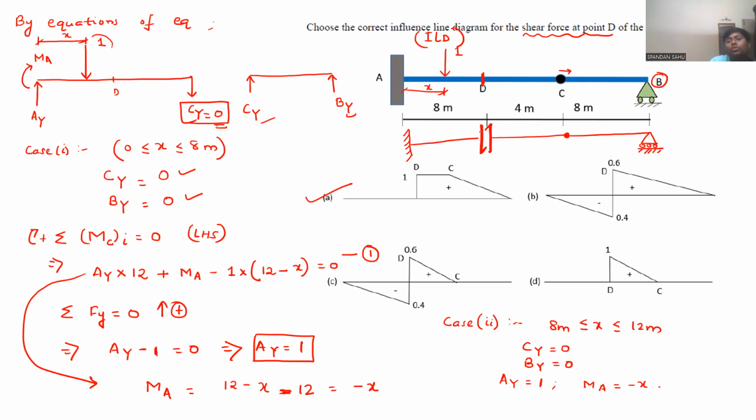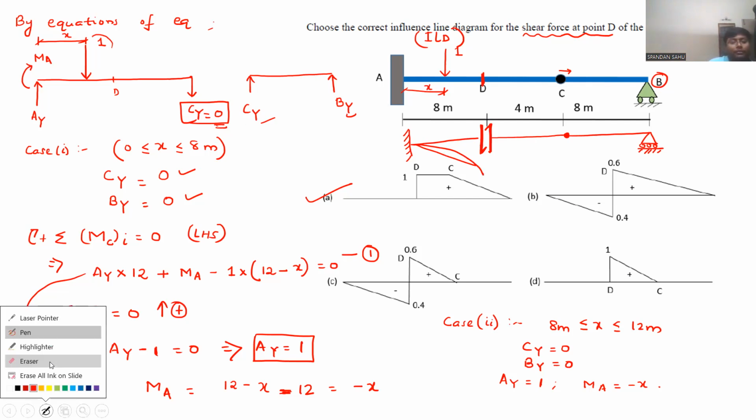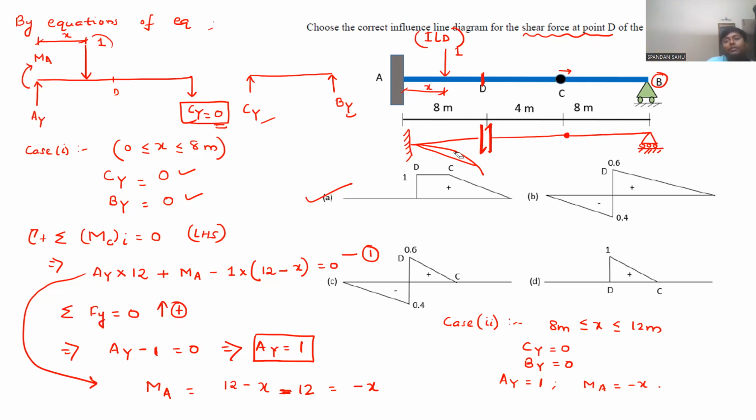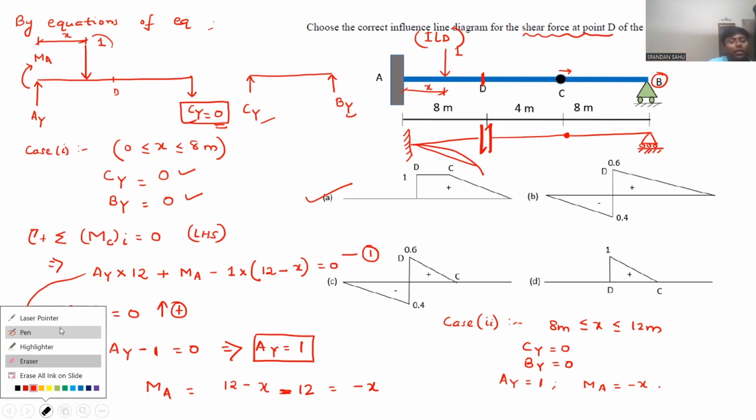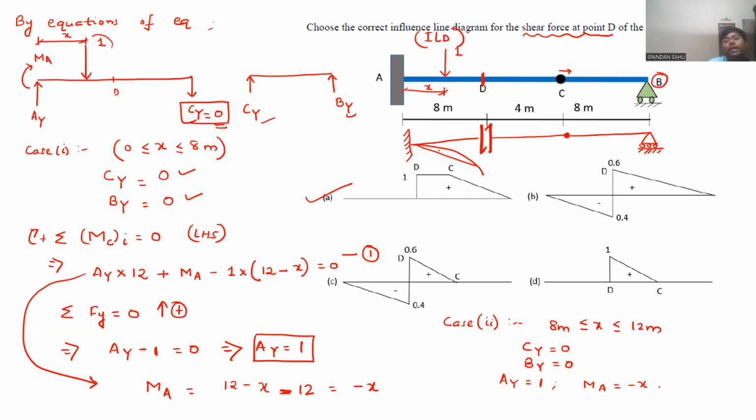When this shear force is acting, will it take a linear shape like this or will it try to bend like this? Tell me, will it be linear or will it take a curved shape? It will take a linear shape.